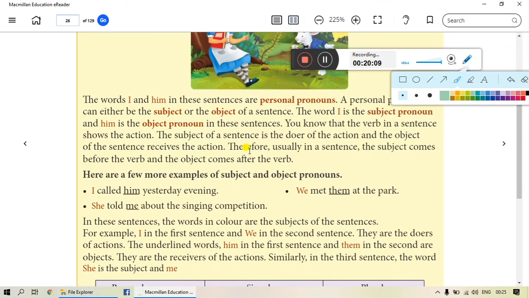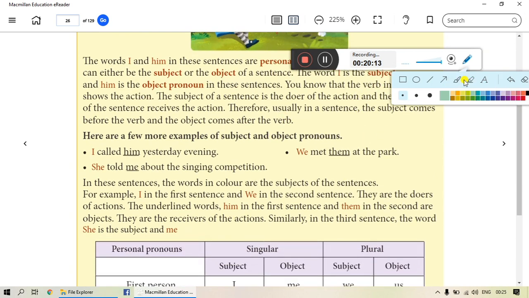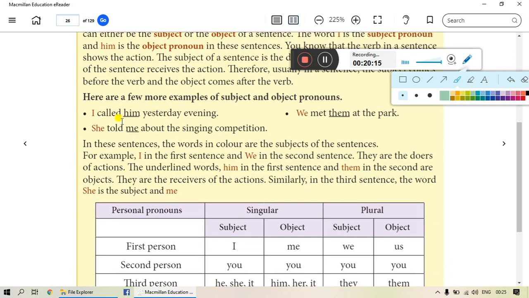Here are a few more examples of subject and object pronoun. I called him yesterday evening. First of all, you will find the verb. Is calling a verb, him a verb, yesterday a verb, evening a verb, or I a verb?